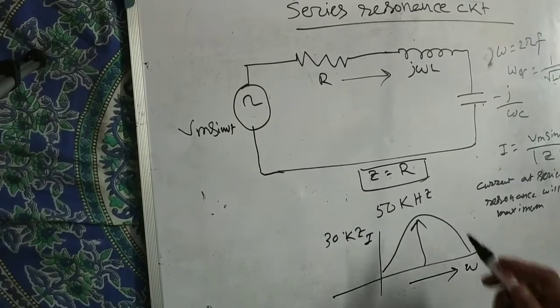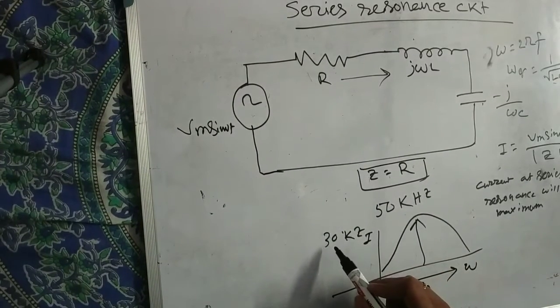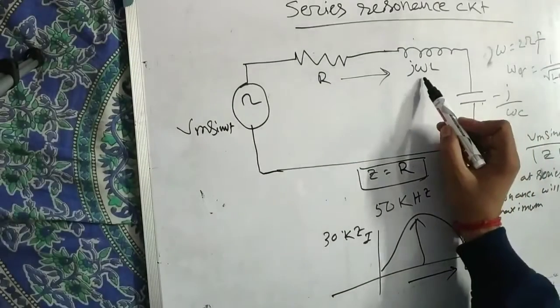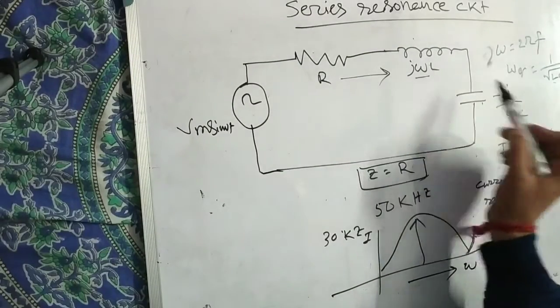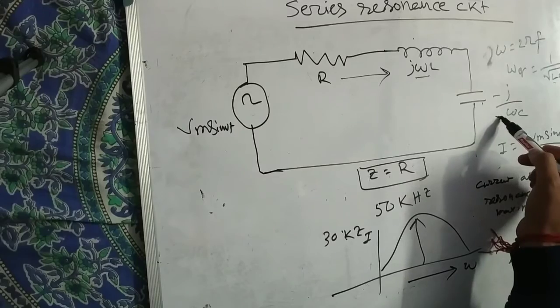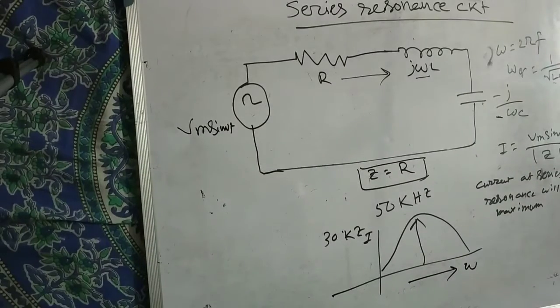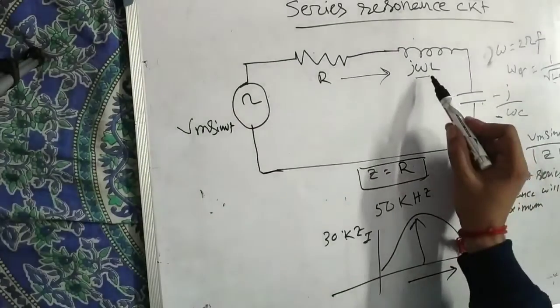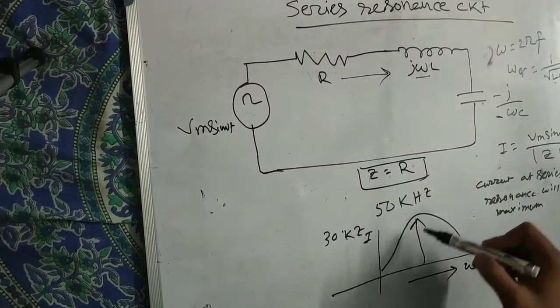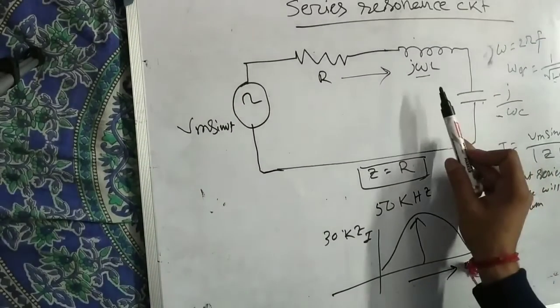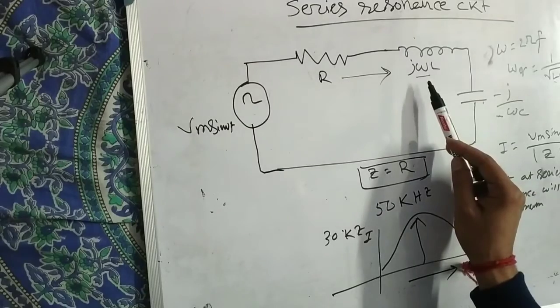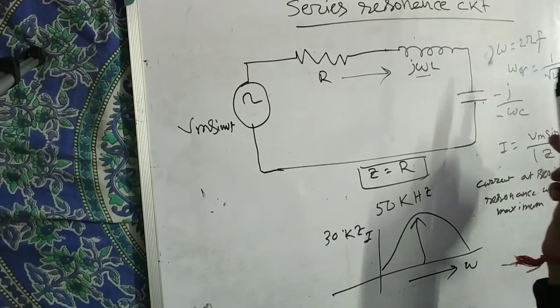At 30 kilohertz frequency, we all know the inductive reactance will be more and the capacitive reactance will be less. So as frequency increases, at higher frequency, inductive reactance will be more and capacitive reactance will be less.